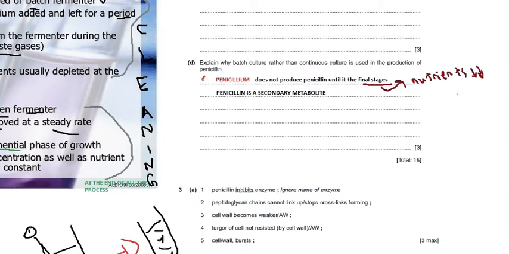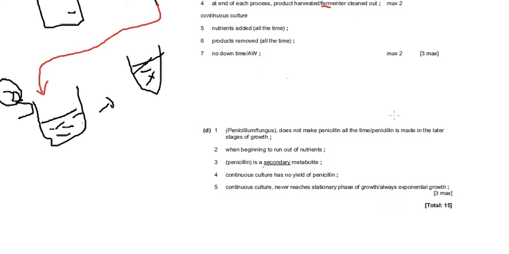Penicillin is a secondary metabolite, which is produced when penicillium is at its final stage, when the nutrients are very low. And continuous culture has no yield of penicillin.